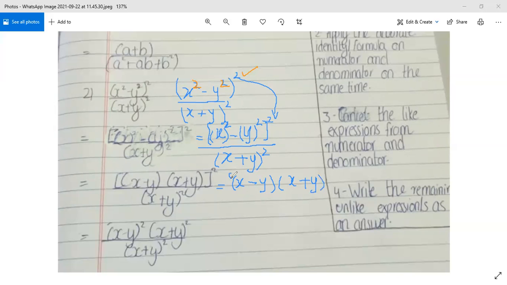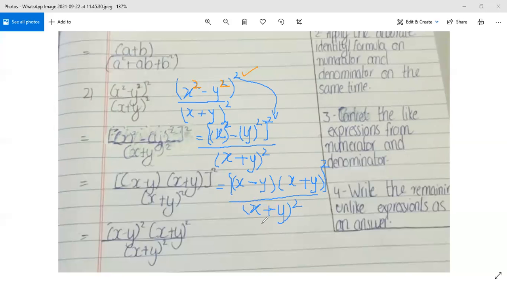Then there is another square, and then x plus y square. Now you need to see the like expressions. Like expressions are in the numerator and the denominator.